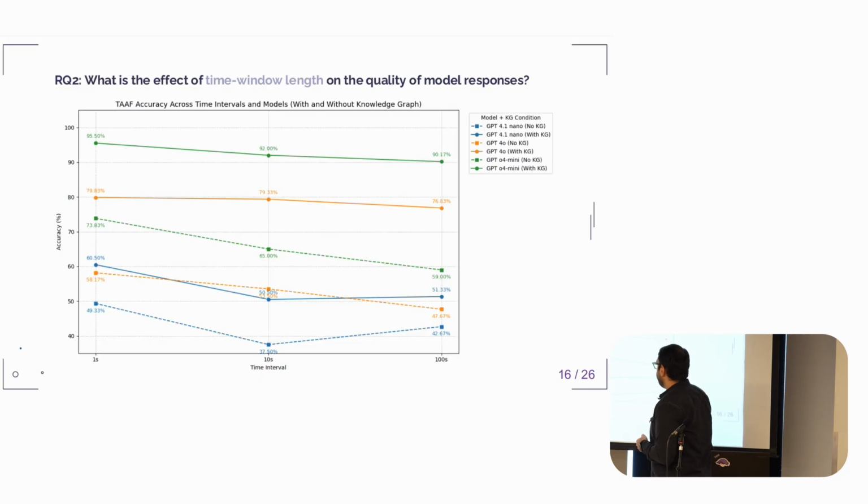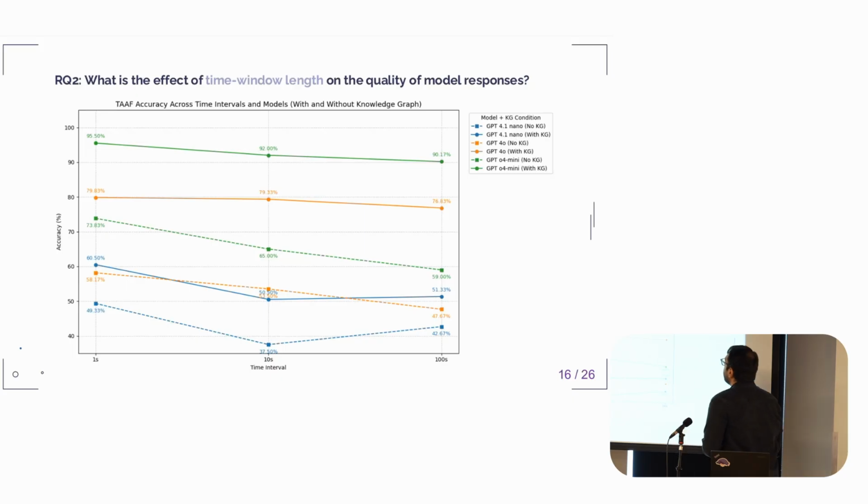As you can see, when we increase the time window, the accuracy starts to drop slightly. And what I need to mention is that these solid lines are the TAAF setting, and these dashed ones are the baseline setting. One thing that we can notice is that the rate of decline is steeper in the baseline in comparison with the full TAAF setting.